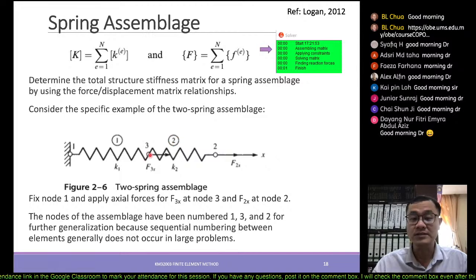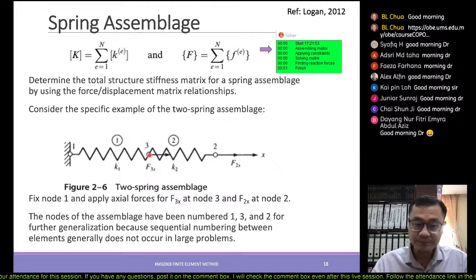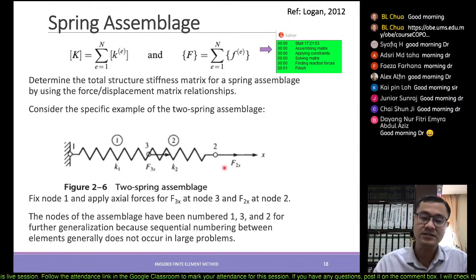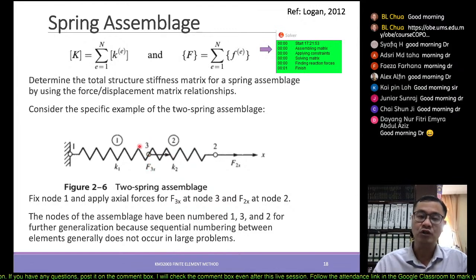There are nodes connecting these two springs, and at node number 2 and node number 3 we have forces acting on them. We denote F2x, along the x direction at node number 2, as well as F3x, a force acting along the x direction at node number 3.